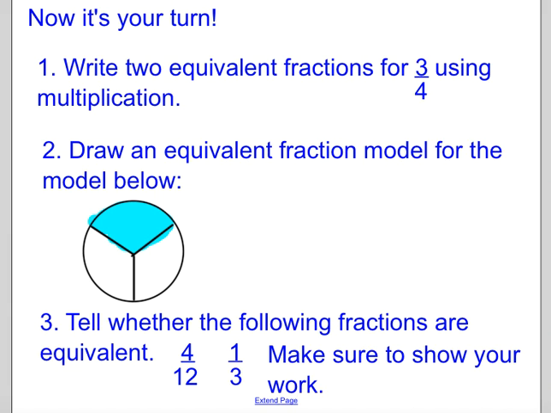All right, so first question says, write 2 equivalent fractions for 3/4 using multiplication. So I'm telling you the method I want you to use, multiplication, and I want 2 equivalent fractions, and 3/4 is not one of them. You have to come up with 2 different equivalent fractions that are equal to 3/4, okay?